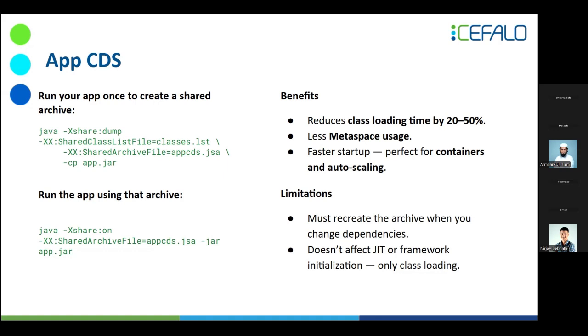The benefits are that it reduces class loading time by some percentage, uses less metaspace, and results in faster startup time. It also has some limitations, like you must recreate the archive when your dependency changes, and it doesn't affect JIT or framework initializations. It's basically only for the class loading part.